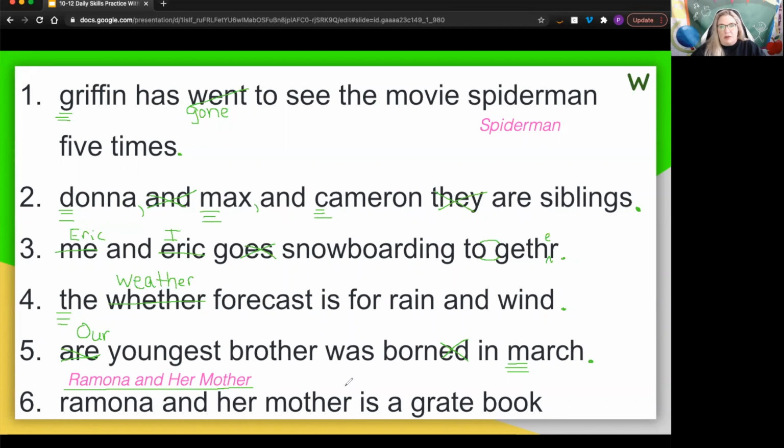Ramona and Her Mother is a great book. Not this kind of great. There is a great that's spelled with a consonant E, but not this one. Great. Long E spelled with EA. Period at the end. Ramona and Her Mother is a great book. Might even, if you think it's really great, you could put an exclamation point if you want.